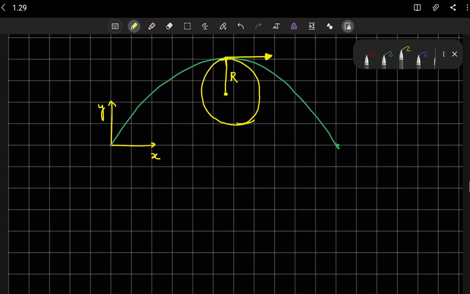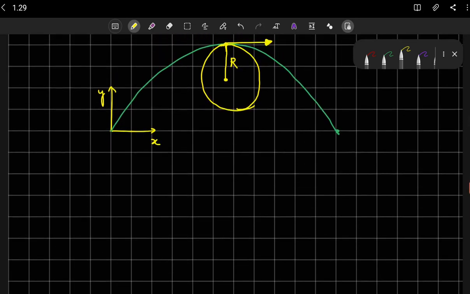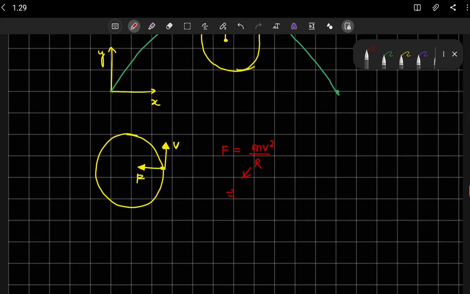Now in any circular motion, if it is moving with constant speed and the net force is acting towards the center and velocity is in this direction, then the net force towards the center is equal to mv²/r, where r is the radius of curvature. So from here we can write r = m v⊥² divided by force. Here force and velocity are perpendicular to each other.